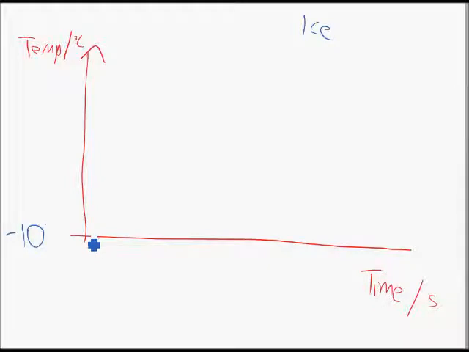Right, I have got my ice, and what I'm going to do now is heat up some ice because that seems to be quite good fun. I'm going to be constantly applying some heat to this ice. I'm going to observe what happens to its temperature over time.